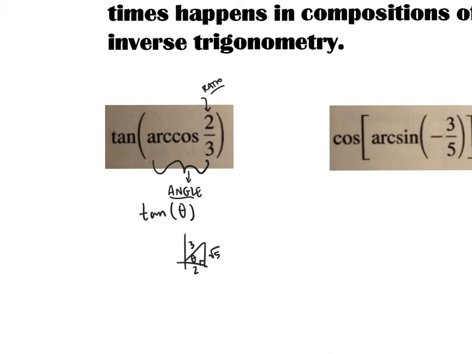I have used the information within the parentheses to sketch this picture, and then I find the tangent of the angle within that picture. So the tangent of theta would equal square root of 5/2. Therefore, the original expression, the tangent of the arc cosine of 2/3, is equal to square root of 5/2. In no way, shape, or form did I need my calculator to find theta. I utilized the properties of right triangles in order to solve.